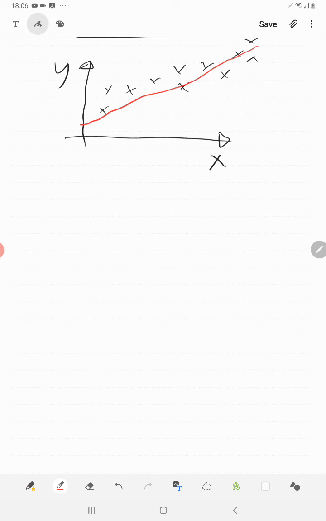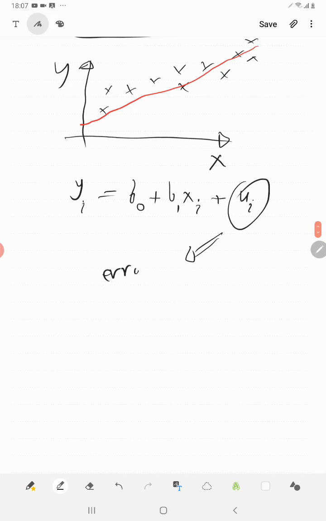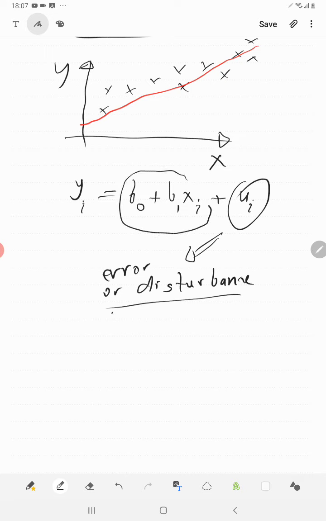Usually the function yi is equal, let's say, b0 plus b1 xi plus an error ui. We call it error or disturbance. Okay, so this is the linear fit, but we have a disturbance with it.